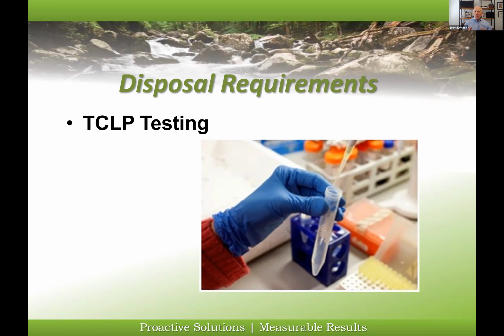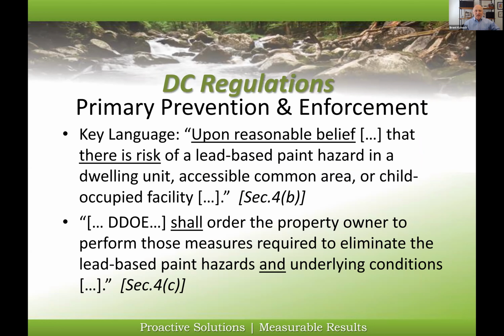Keep in mind that all these regulations I've described, with the exception of OSHA, apply really to target housing and child-occupied facilities, and there are specific disposal requirements for lead in those cases. But if I'm working in a commercial building or facility, some of these regulations don't apply. However, the disposal requirements do. It's going to require that you test the waste stream to determine if lead might leach out of it and into a groundwater supply or something of that nature. That's called a TCLP test.